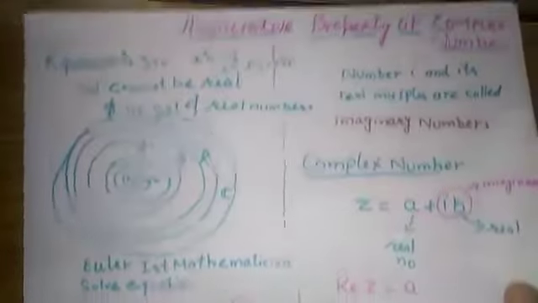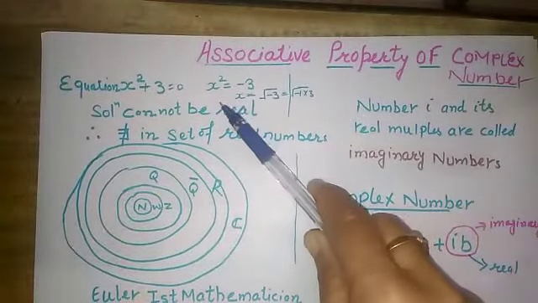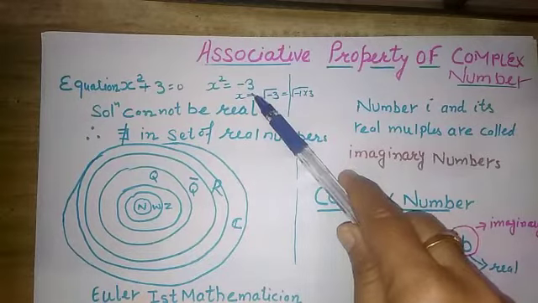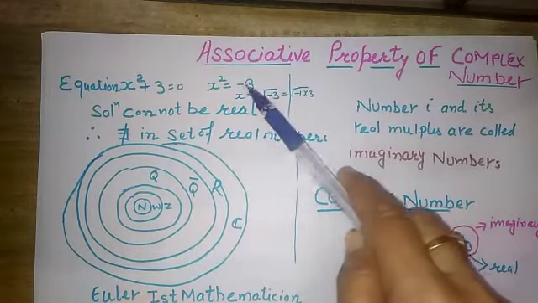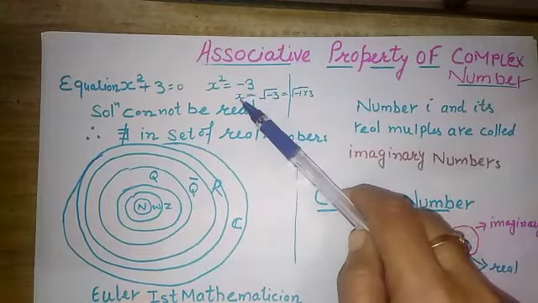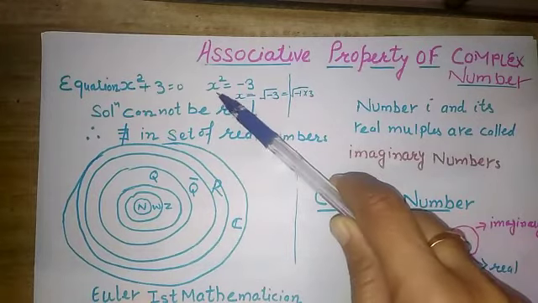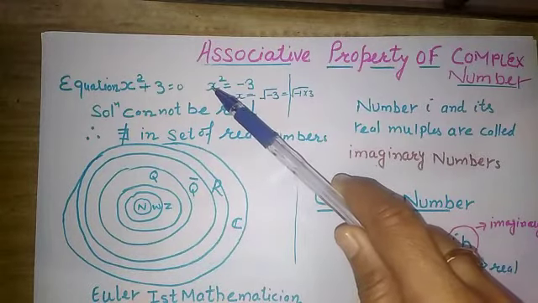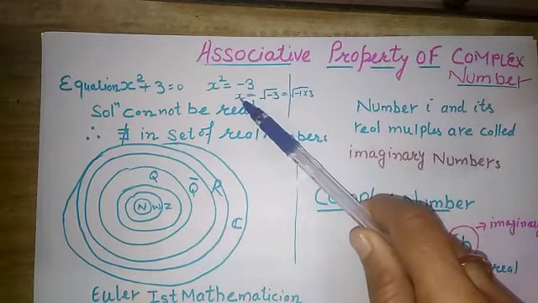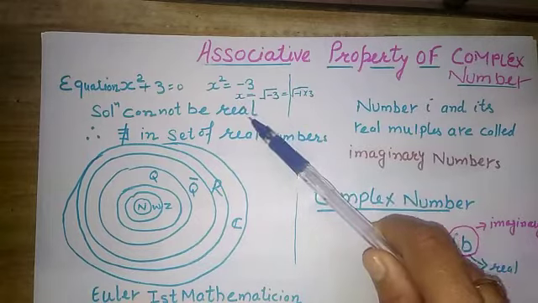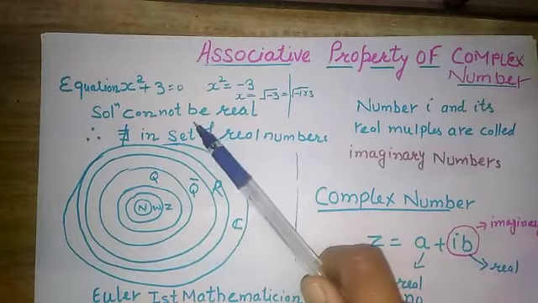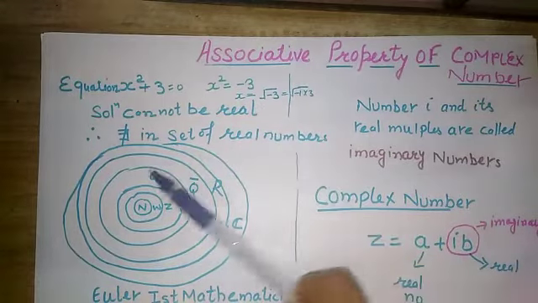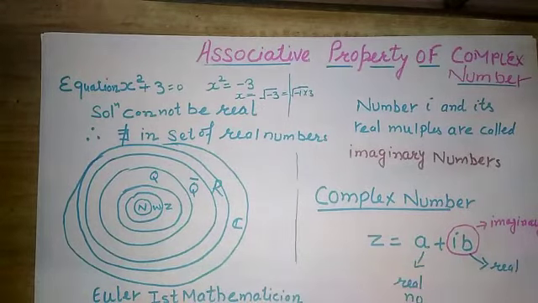To overcome this type of problem, when the square of a number gives a negative number, we are not able to solve it, because by the rule of quadratic equations, an equation should give two factors or two roots, but this equation cannot be solved further. So the solution of the equation cannot be a real number. In the real numbers it does not exist.